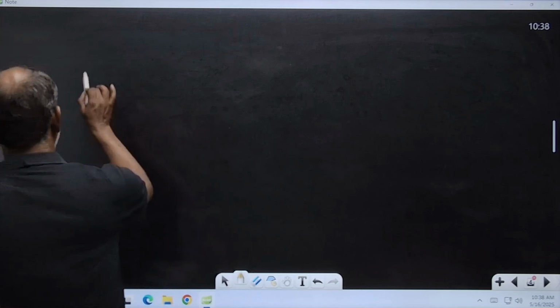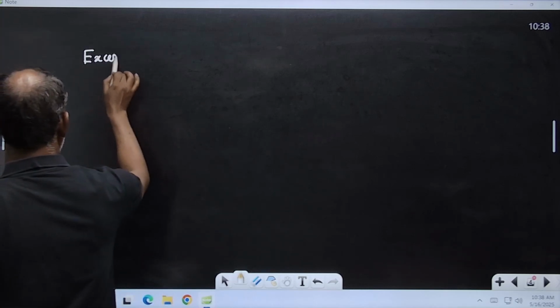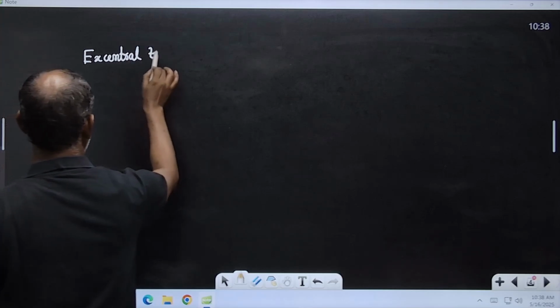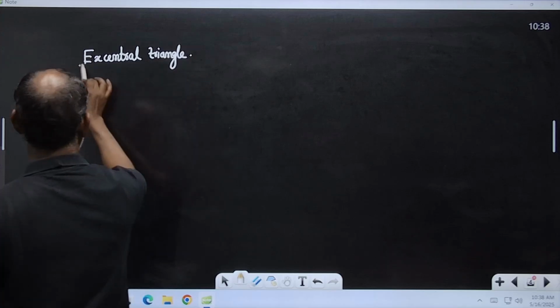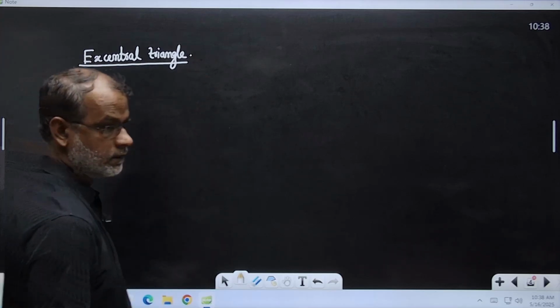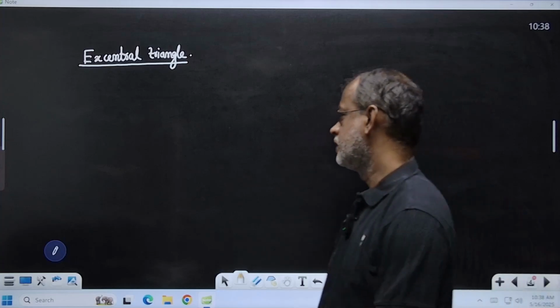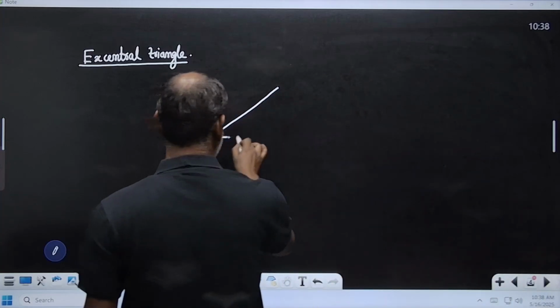Now, let us discuss a triangle whose vertices are the excenters. A triangle whose vertices are excenters of the triangle. Okay, it is called the excentral triangle.